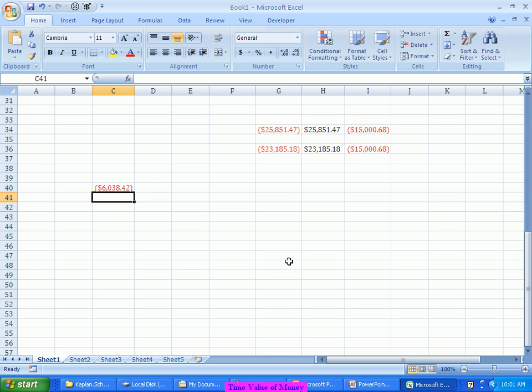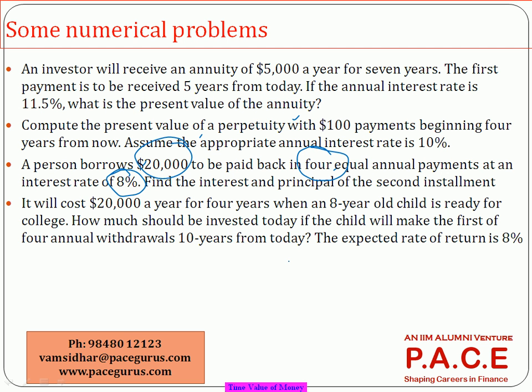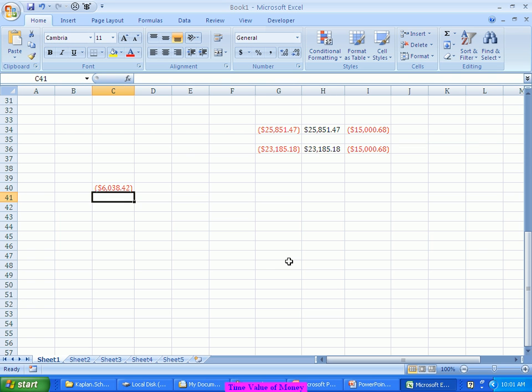Now, if it is 6,038 per year, what is the interest in the first year? 8% on your principal is actually the interest. On 20,000, 8% is the interest part. So how much is the interest part? 20,000 into 8%. So 1,600 is the interest part.